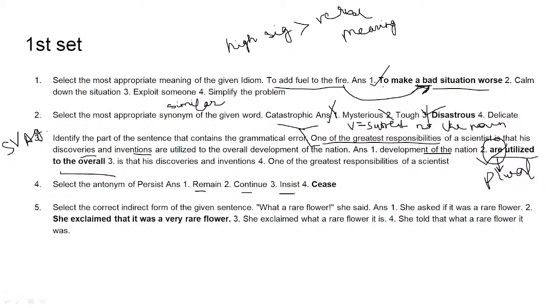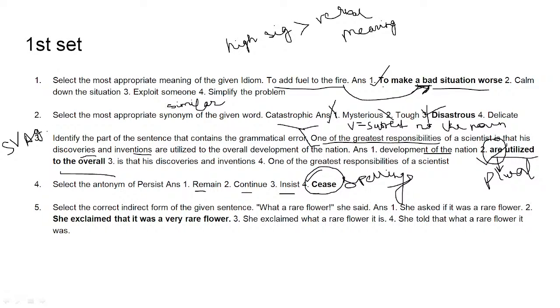Insist is something which is different. Insist means to convince and pressurize someone in a different way. You actually force people to do something, that is insist. And number four is cease, and please pay attention to the spelling also. Watch out the spellings carefully. अगर आप spellings careful नहीं होगे तो similar meaning words or similar pronunciation वाले words और भी होते हैं, so there you will get confused.